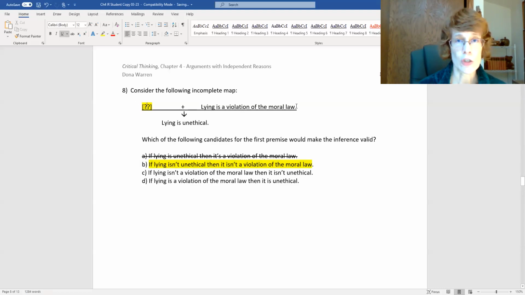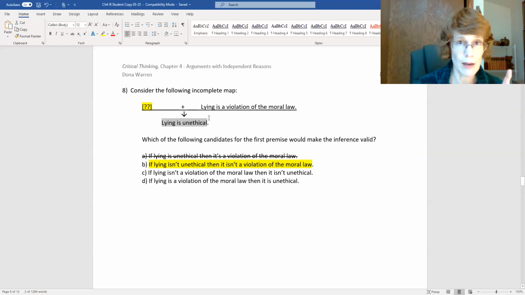Lying is a violation of the moral law. So how does that relate to the fronts and the backs here? Well, the back is, it isn't a violation of the moral law. The other reason is it is a violation of the moral law. So it's the opposite of the back. That should make you feel maybe a little optimistic. What are we concluding? We are concluding the opposite of the front.